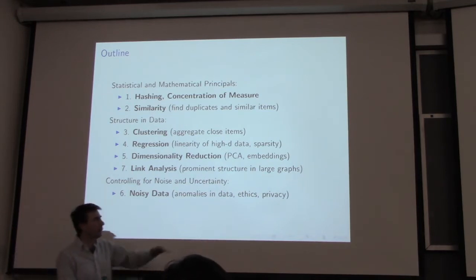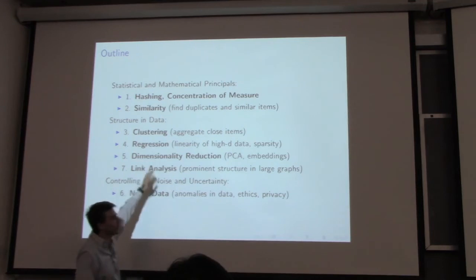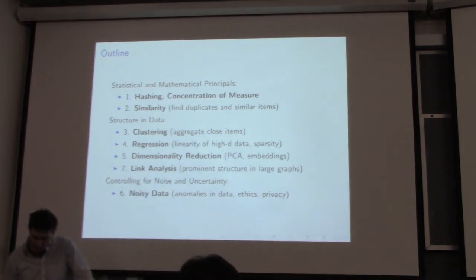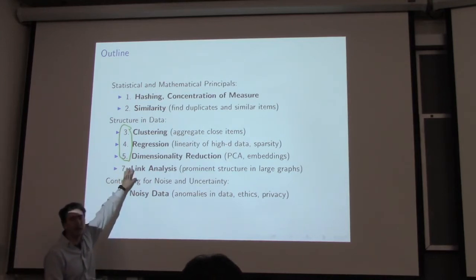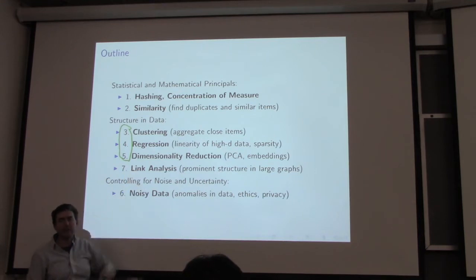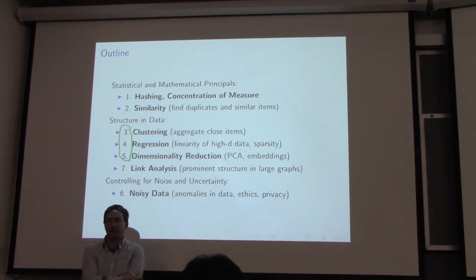Then we'll talk about these more traditional structures in data, where these three were inside of this box: the clustering, regression, and dimensionality reduction. Each of these will be a small section in the class. And then the link analysis will be talking about large graphs, mainly from the perspective of a social network.